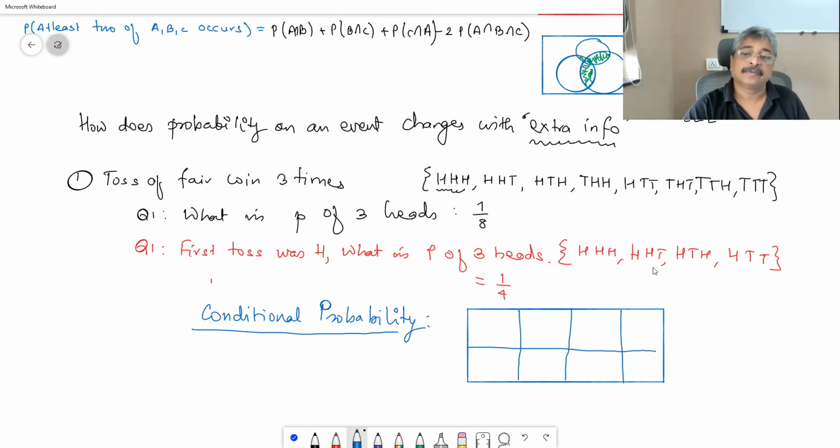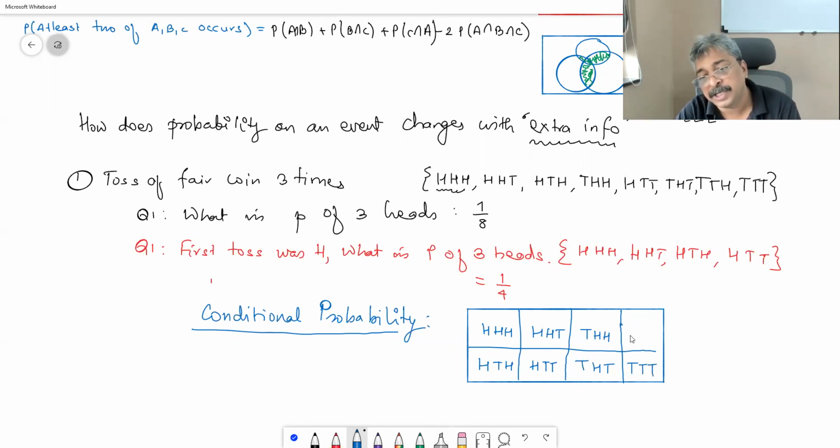these are the 8, maybe H, H, H, H, H, T, H, T, H, H, T, T, and then the remaining 4 are here: T, H, H, T, H, T, T, T, T, and T, T, H. Okay, so this was the complete sample space for question number 1, and you were looking for favorable, therefore only one of the 8 parts.